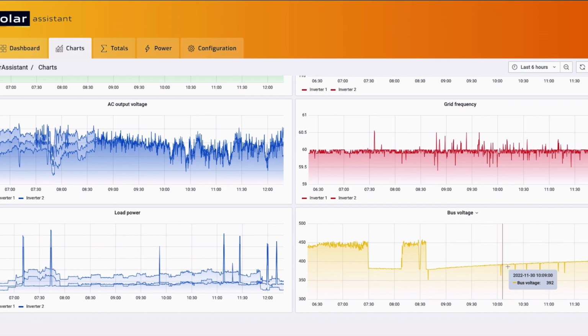I mean, you can see that it's slowly increasing. This morning it was a lot higher. And even overnight it was, but again, I don't know what the bus voltage actually is. But yeah, there's a drop there.